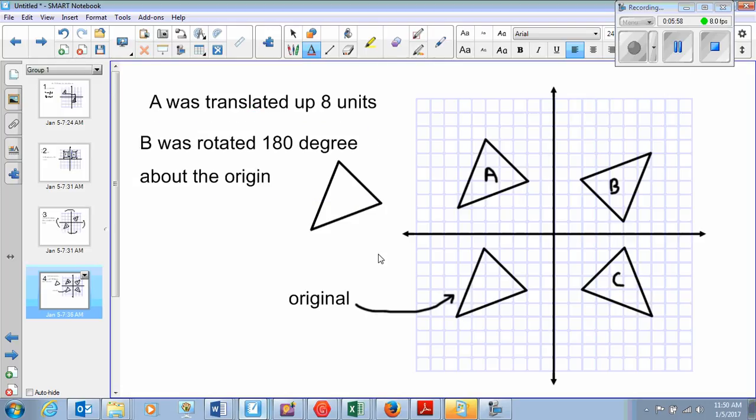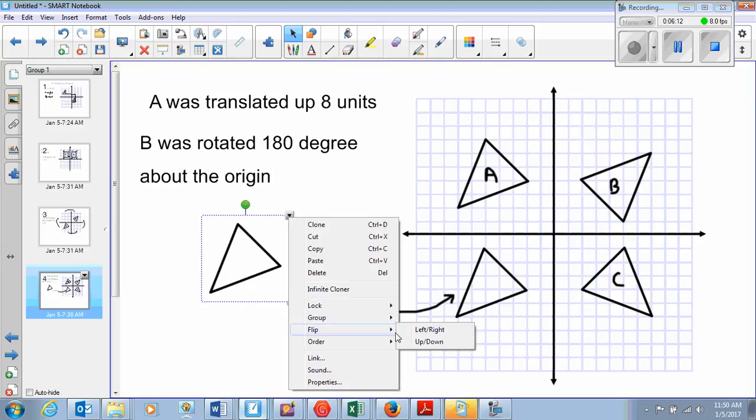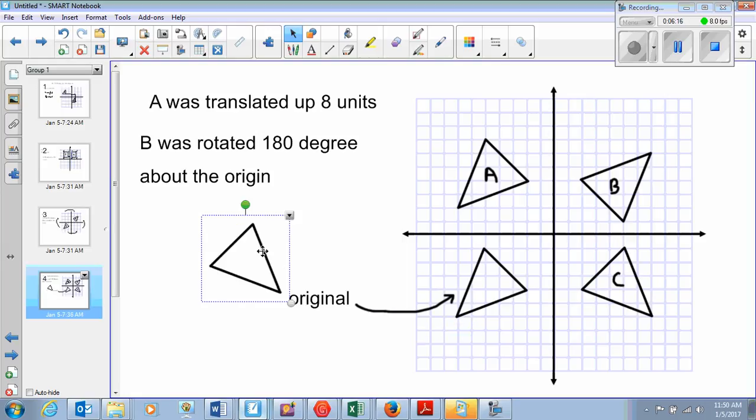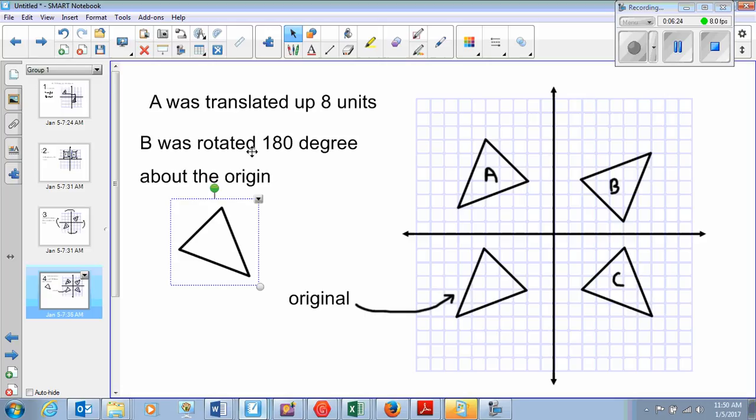And then for our last answer here, for C, well, C is an example of a reflection. You can even see it here. It's not a translation. If you move it over, they don't overlap. But what you see here is, if we take this and flip it, which is basically a reflection, we flip it to the left, and then look, it's the same amount of units away, meaning this point here is 1, 2 units from the Y, and so is this one.